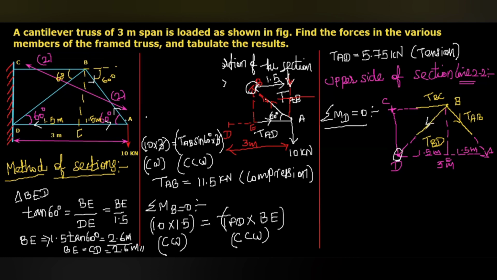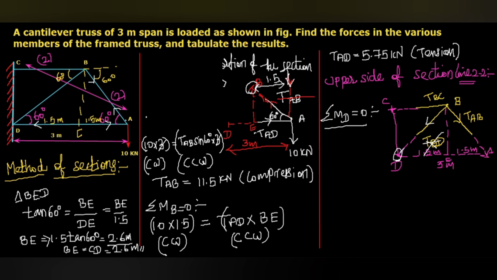The line of action of the force BD passes through the point D, so the moment made by the force TBD we are not going to consider here. So the moment made by the other two forces, TBC and TAB, only we are going to consider. Do you understand? These two we are going to consider, and this we are not going to consider when you take moment about D.